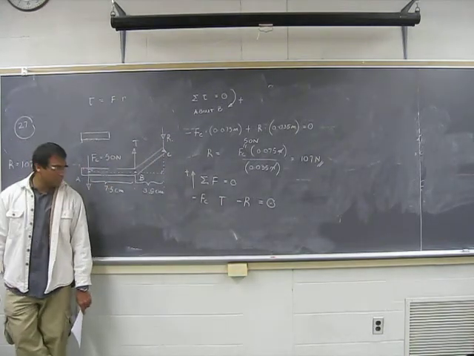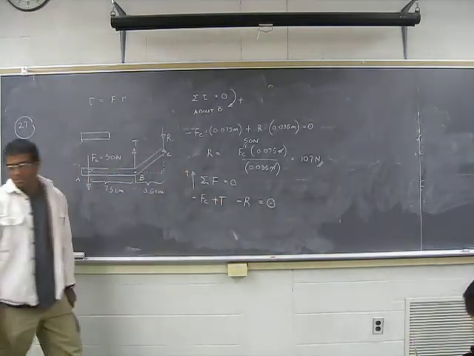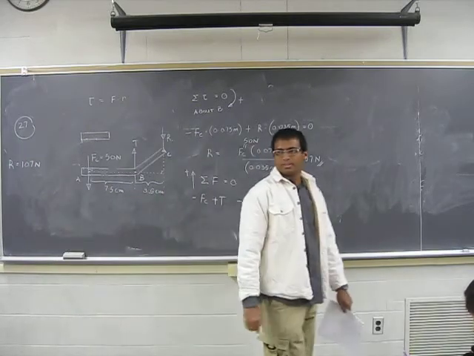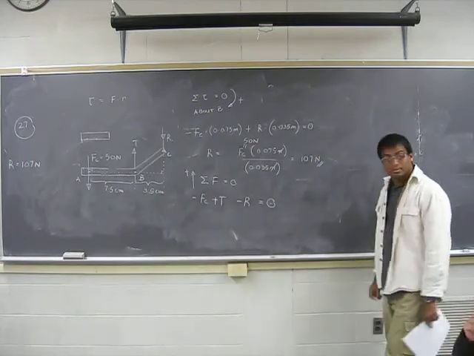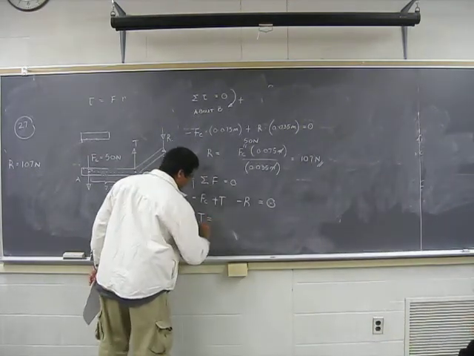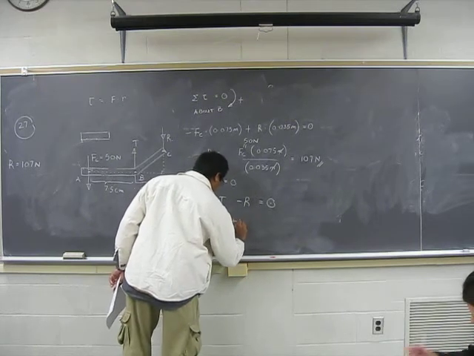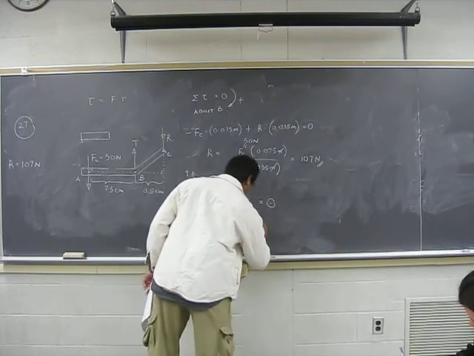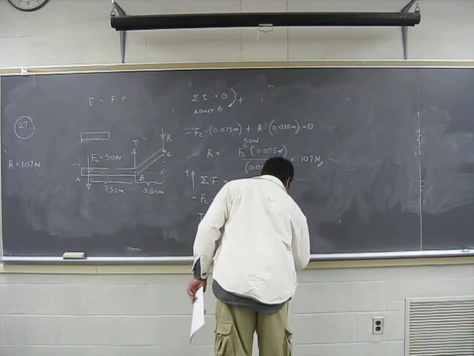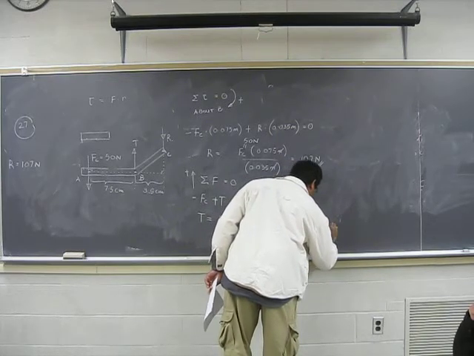T is positive. Sum is equal to 0. What's our unknown? T. Exactly. So T, we take both of these into the other side: Fc is 50 Newtons plus 107, R is 107 Newtons, altogether 157.